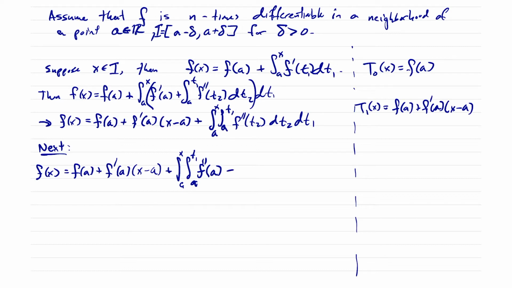So we get f double prime plus the integral from a to t2 now of f triple prime of t3 dt3 dt2 dt1.